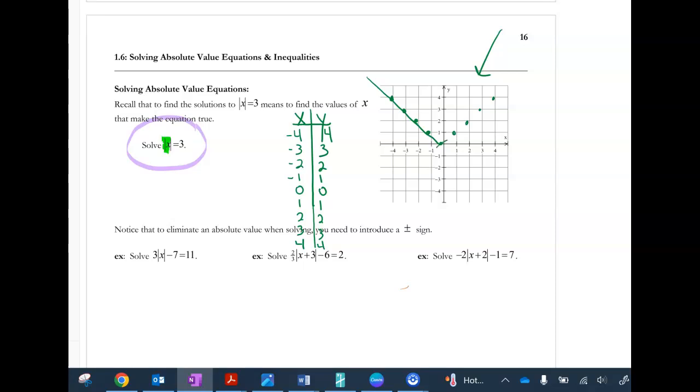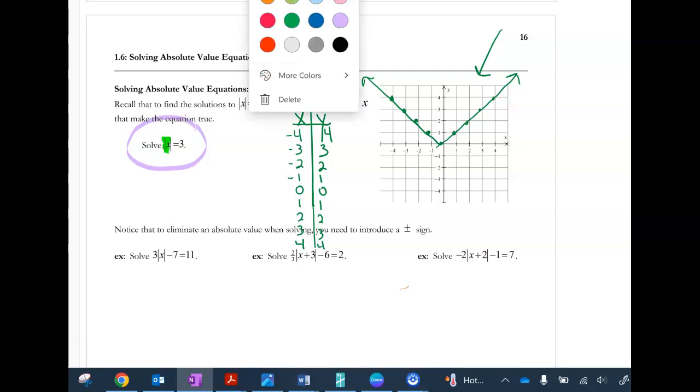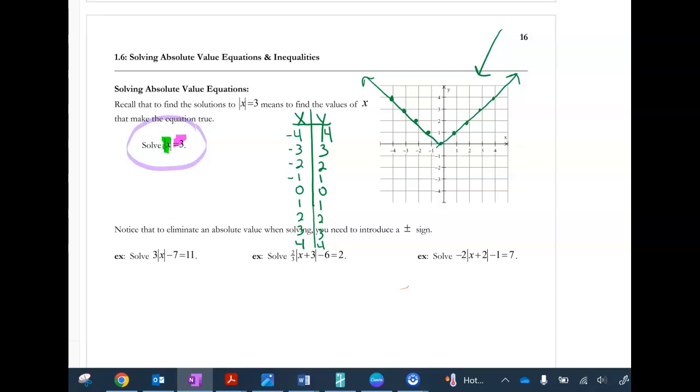And then as we talked about last class, adding a, h, and k will have this graph start to look a little different. But in the end, it's going to look like a V. So let's take a look at the other side now. So when we graph this side, this is just y equals 3. So this is a horizontal line at 3, and the other one was y equals the absolute value of x.